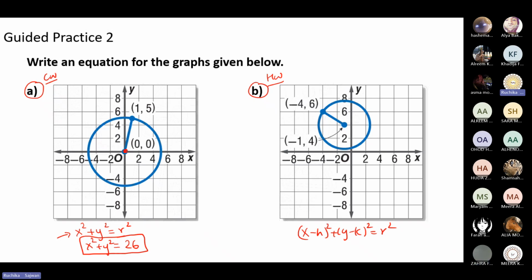If the question is like this, the one that you see on the board, it says directly write the equation for the graph. It did not ask you for the radius, right? In the equation, if you observe, my dear, there is only r square, no r. That means you did not take the square root for the equation. Okay? Okay, Miss.